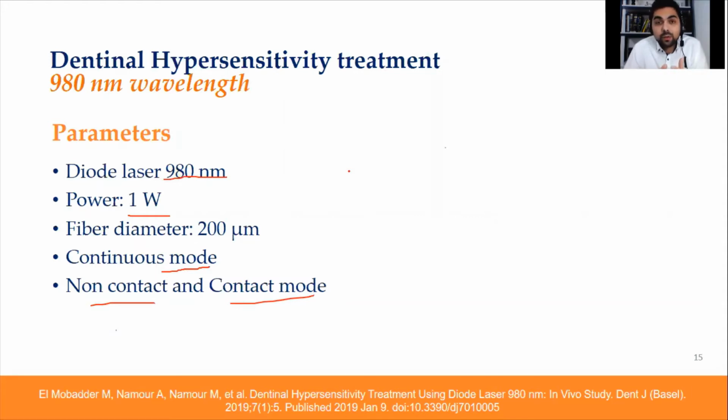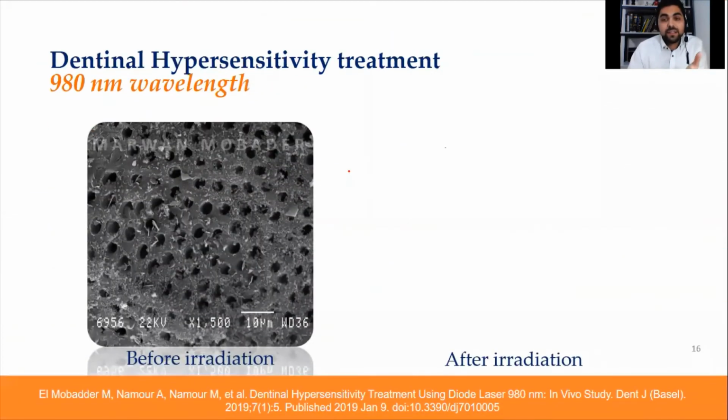And what are the things that we have to consider? They are 2 things. First of all, we have to check the safety of our suggested treatment. And secondly, we have to check the efficiency. So let's see first the efficiency. These are extracted molars. We took extracted molars.